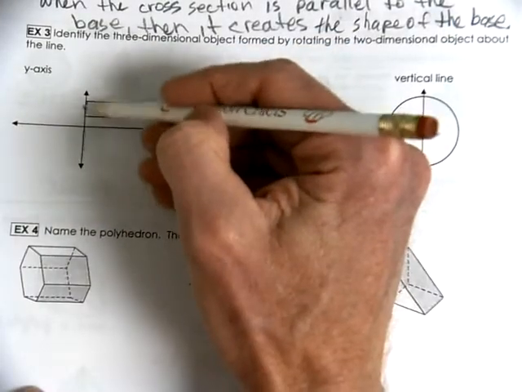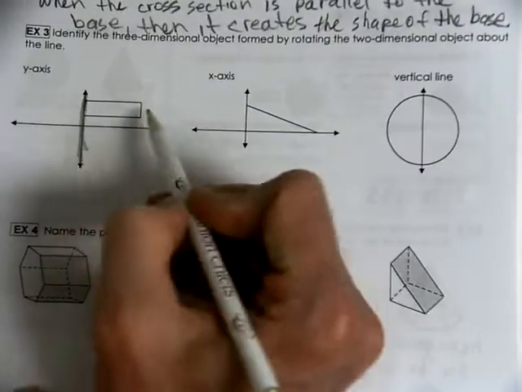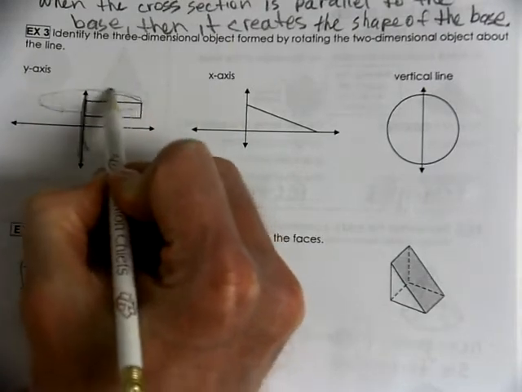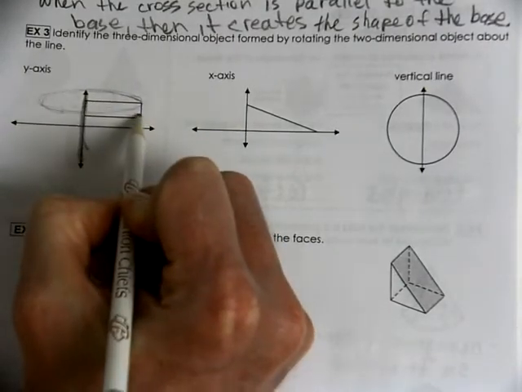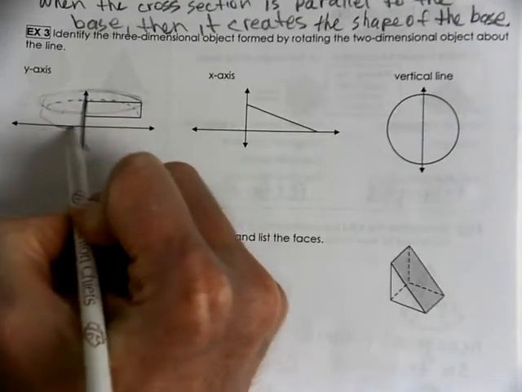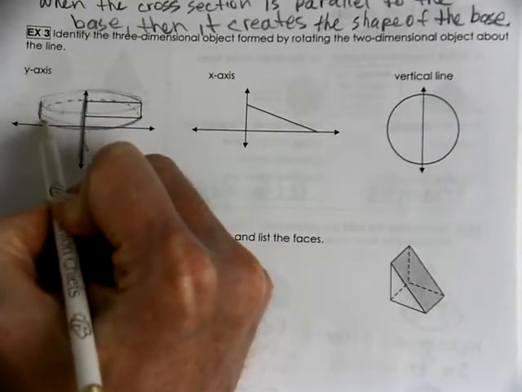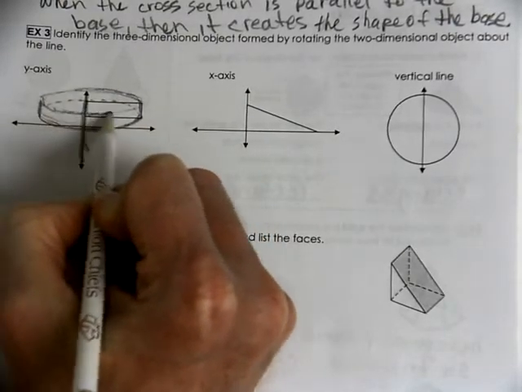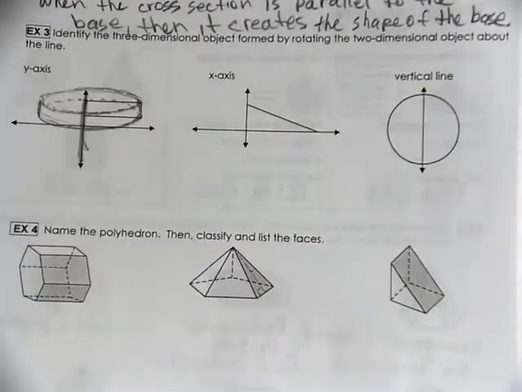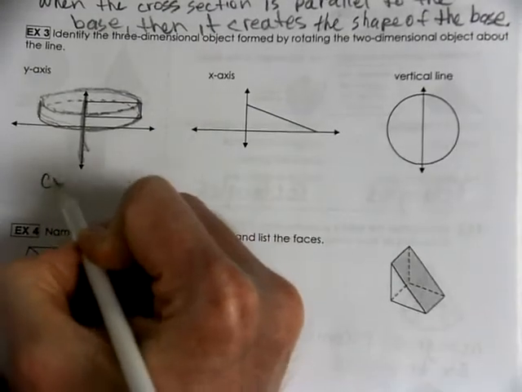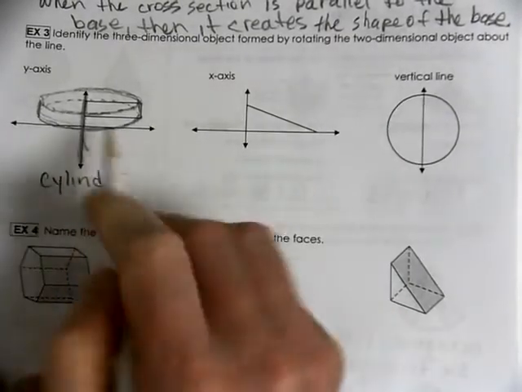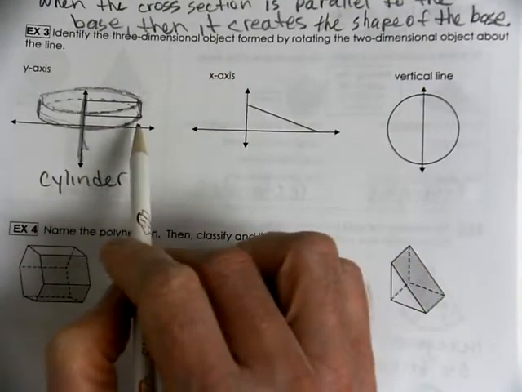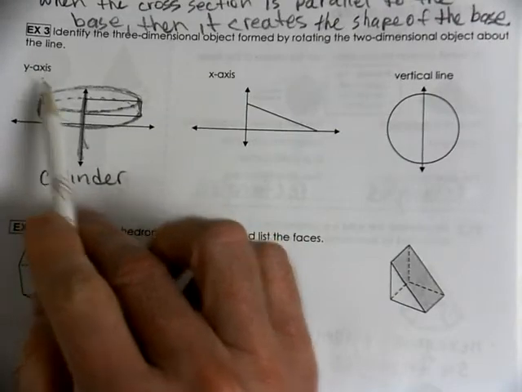Here we have a stick, you could consider this, and a flag on that stick. If we were to spin that stick around, you could swirl it in your hand, and you would create this cylinder. Identify the three-dimensional object formed by rotating a two-dimensional object around the y-axis.